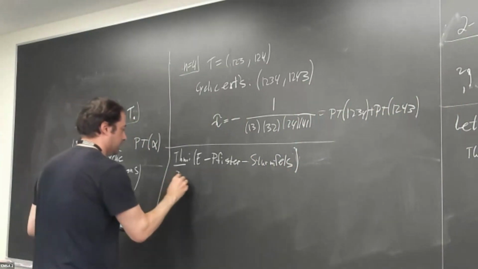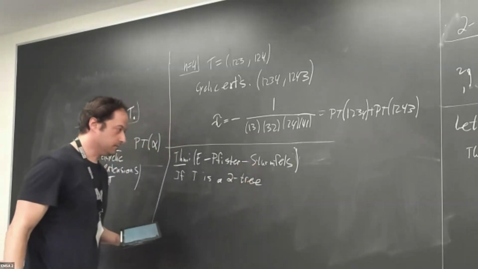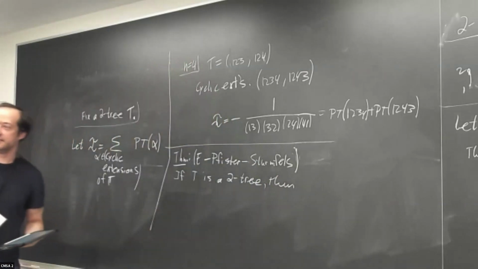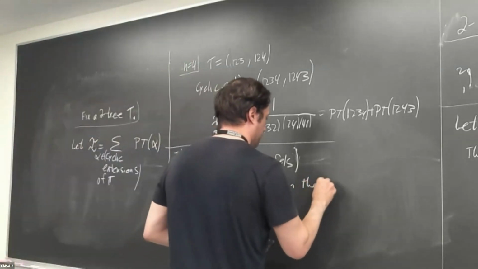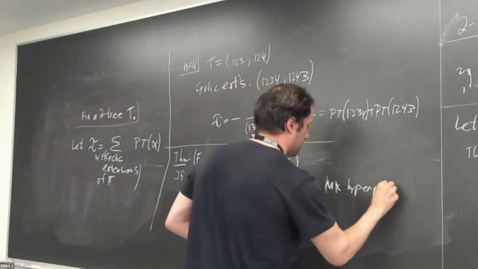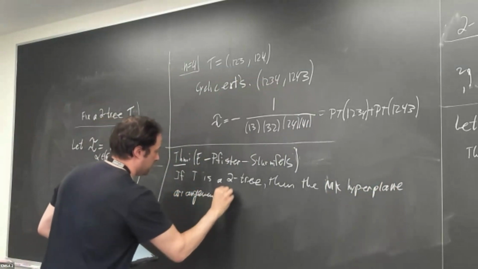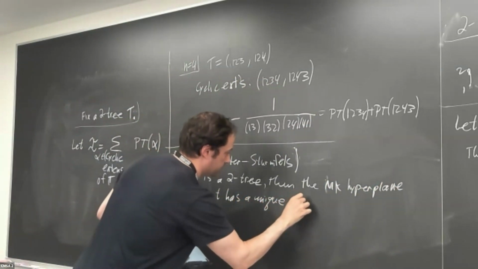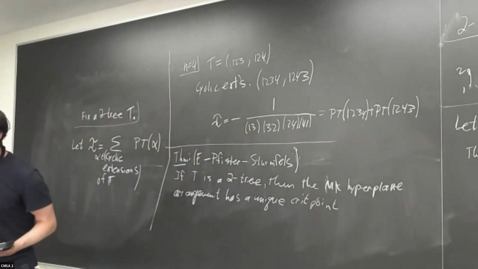First, if T is a 2-tree, then the hyperplane arrangement, which you get by setting all Sij's for ij not in T, then the MK hyperplane arrangement has a unique critical point. And there's a formula for that critical point.